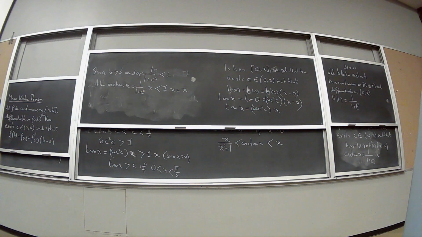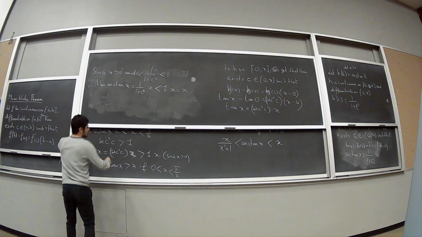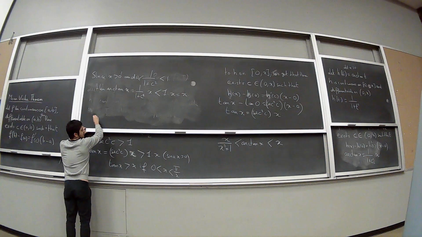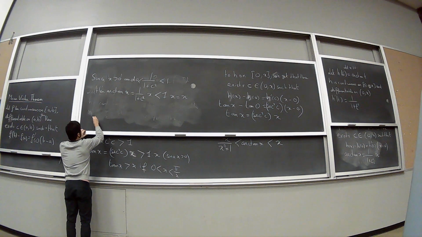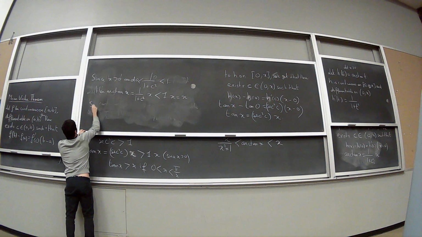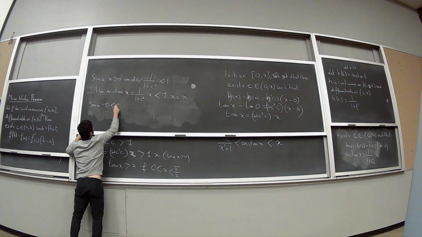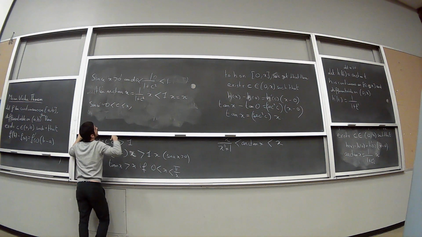Now the other one. It also follows from this. c is between what and what? 0 and x, right? Can you read this? Since c is between 0 and x, what do I have?